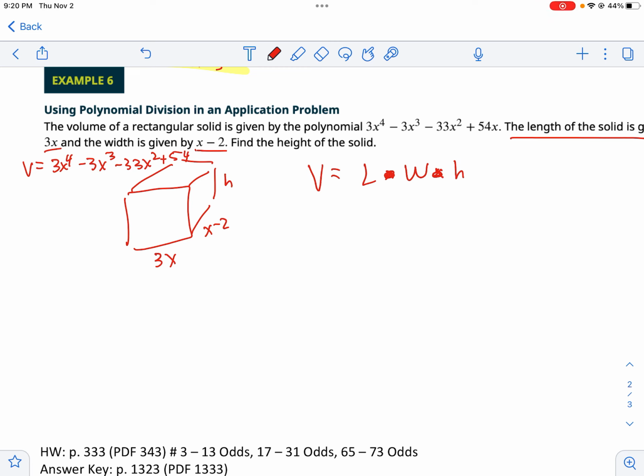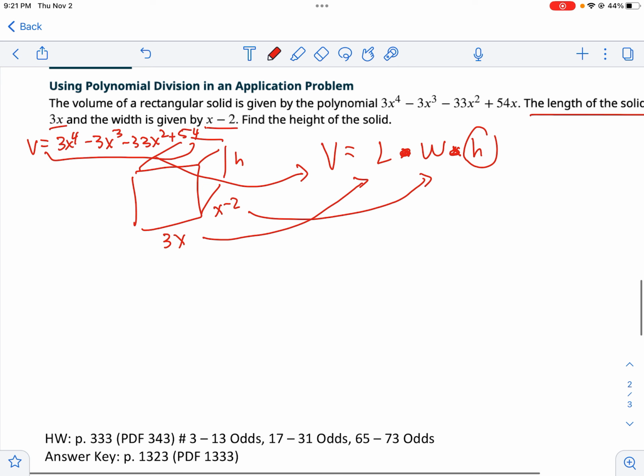Well, I know what the length is. I know what the width is. I know what the volume is. We need to find the height. So I'll just plug it in. So I have 3x to the 4th minus 3x to the third minus 33x squared plus 54.